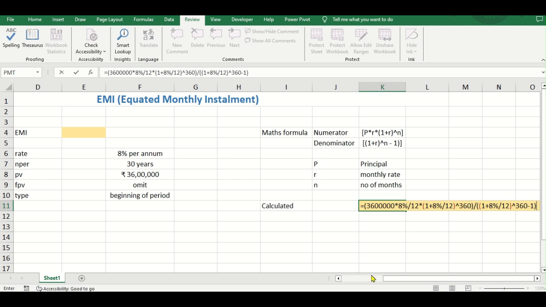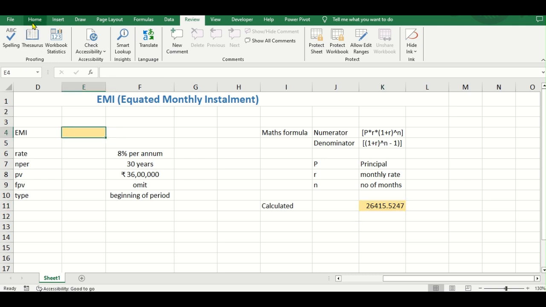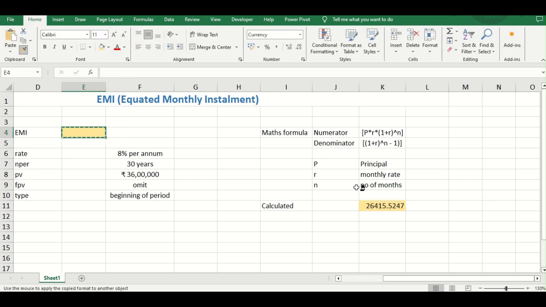Now press enter. So we'll get the value as 26,415.52.